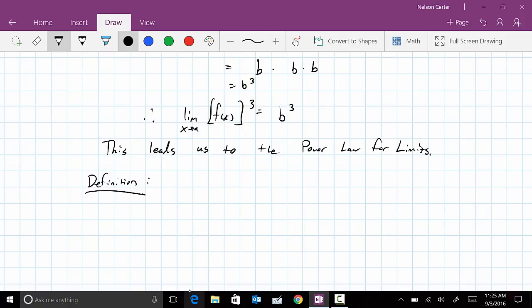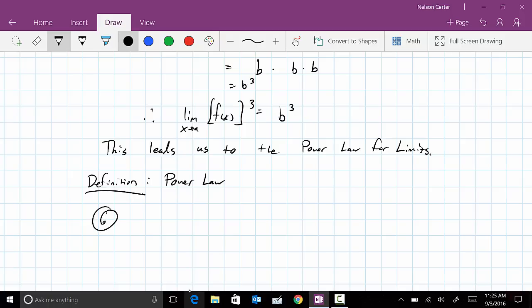We're going to call this the power law. And this is our sixth law.